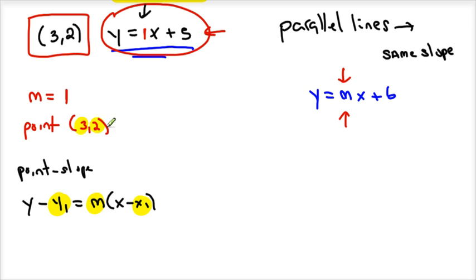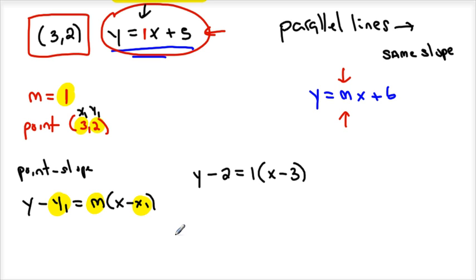So we have y minus 2 equals m, which is 1, times the quantity x minus 3. So again, all I plugged in was my x1, my y1, and my slope 1.